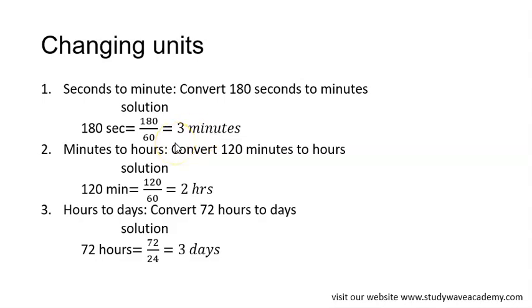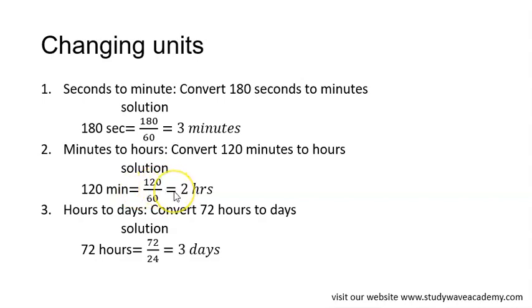Now let's look at minutes to hours. Convert 120 minutes to hours. To convert minutes to hours, you divide the number of minutes by 60. So 120 minutes divided by 60, 0 cancels 0, 6 here is 1, 6 in 12 is 2, right?